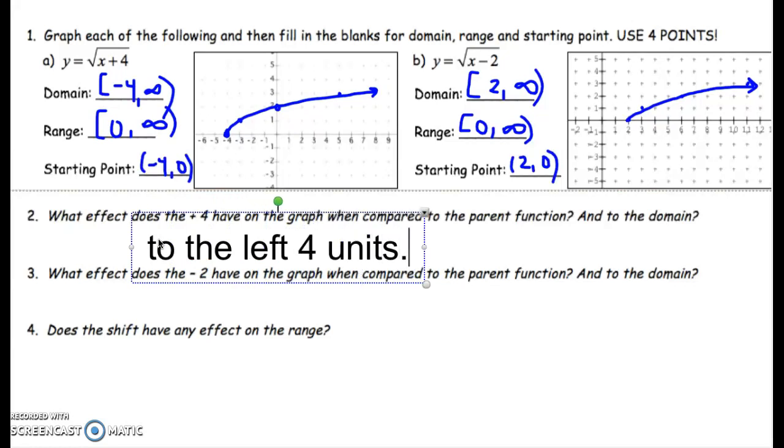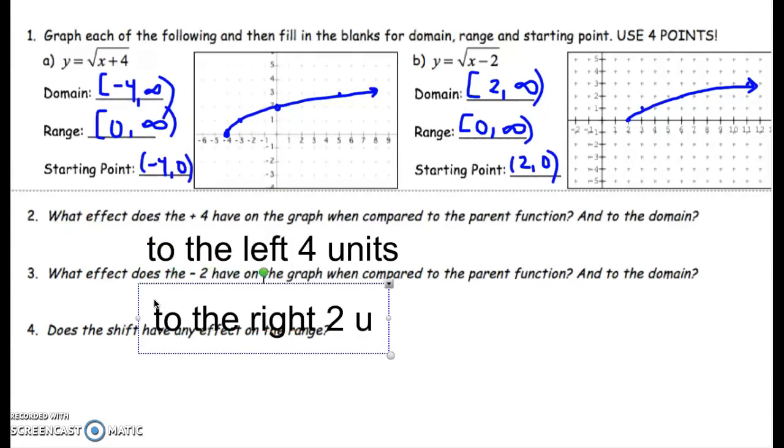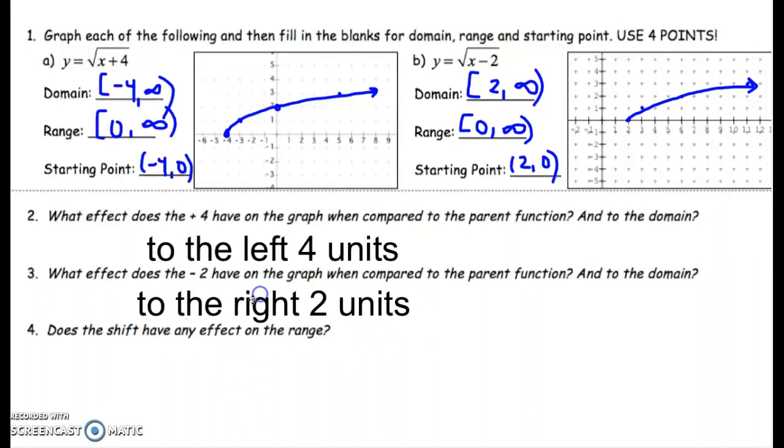All right. This also changed my domain, right? Whereas when I had an x minus 2, it moved it to the right 2 units. When we looked at the ranges, the range from our parent function actually stayed the same. So there was no change to the range.